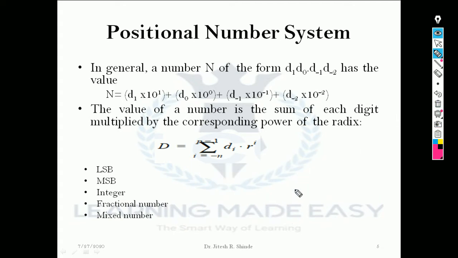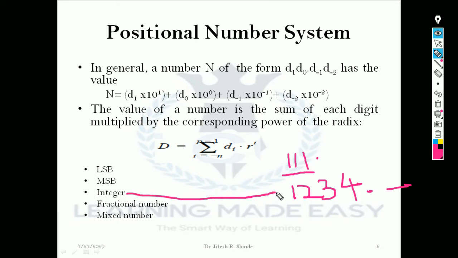Now, integer. If there are digits only before the decimal point, like 1234, and no digits after the decimal point, then we can say the given number is an example of an integer. If digits are present after the decimal point, then the given number can be categorized as a fractional number.